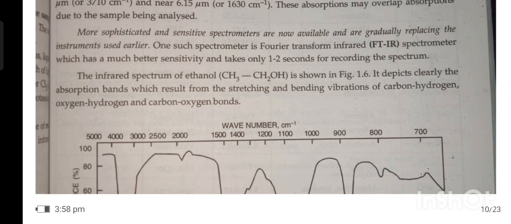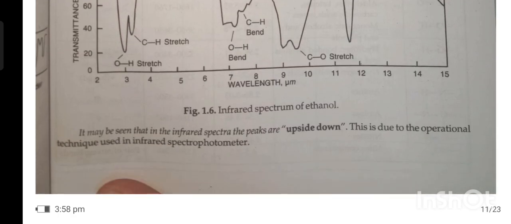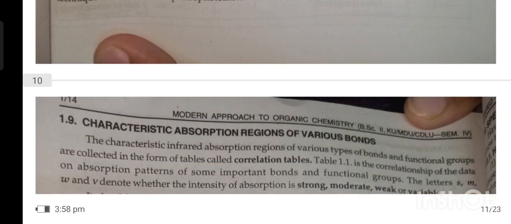It depicts clearly the absorption bands which result from the stretching and bending of carbon-hydrogen, oxygen-hydrogen, and oxygen-carbon bonds. It may be seen that in infrared spectra the peaks are upside down. This is due to the operational technique used in the infrared spectrophotometer.